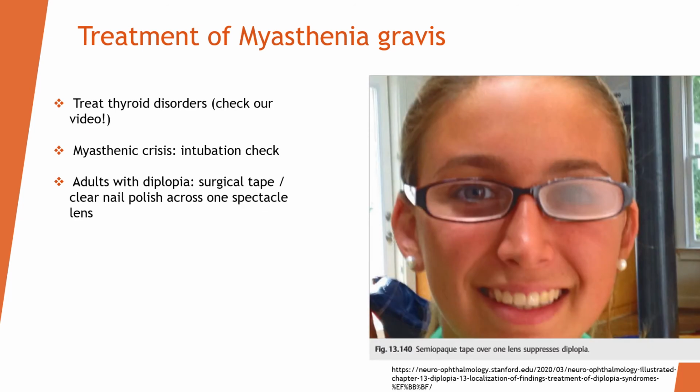Also treat any concurrent thyroid disorders, because autoimmune disorders come together as a group. And for myasthenic crisis, check if the patient needs intubation. For patients with diplopia, surgical tape and occlusion therapy can be helpful with the correction.